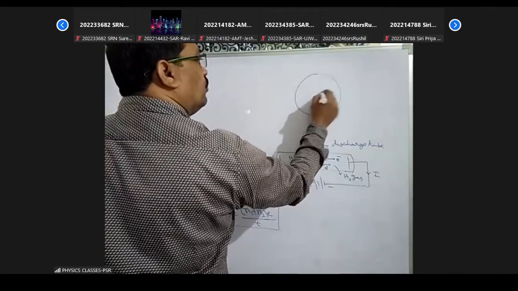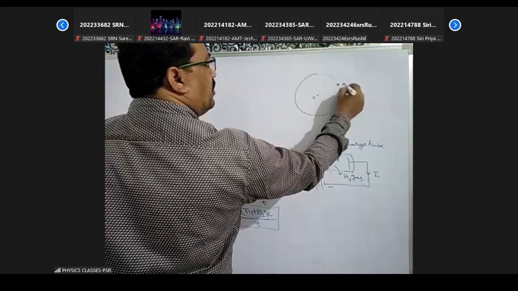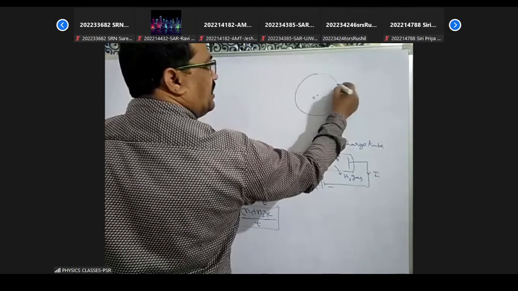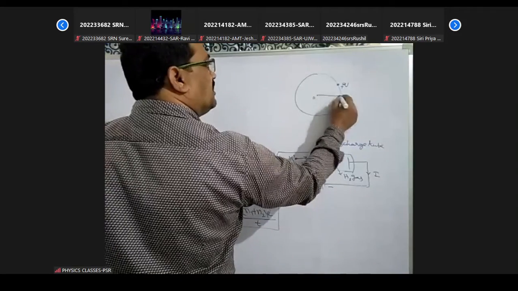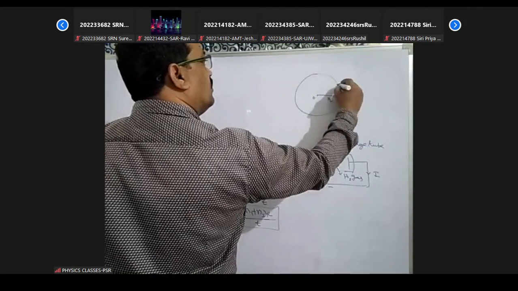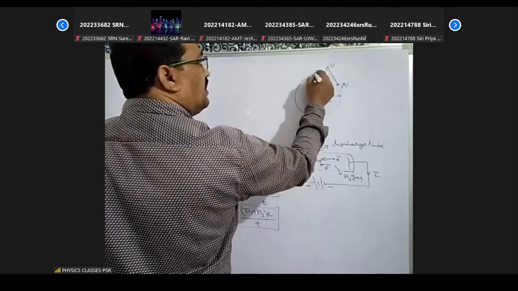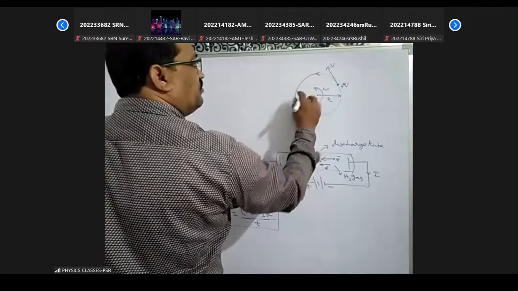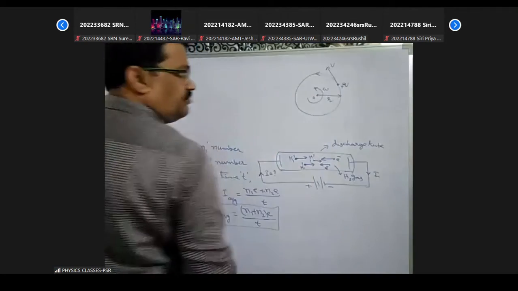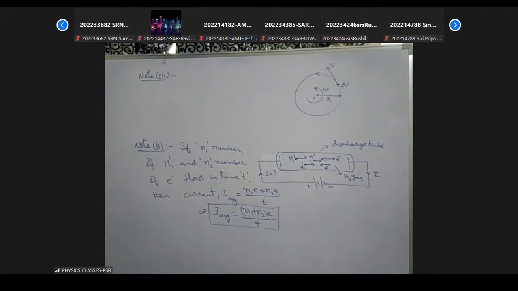Here is a charged particle, plus Q, let us say, revolving with radius R and velocity V, rotating anti-clockwise with angular velocity omega about this center. Now, what is the current equivalent to the circular path of the charge? That is also an important formula.